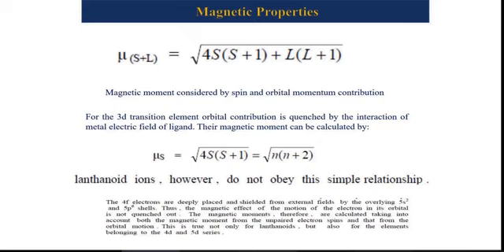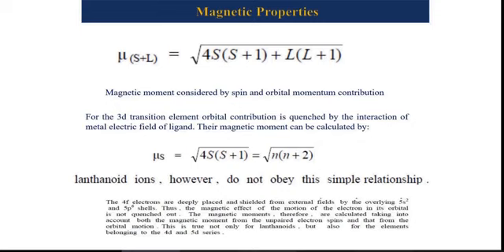If someone asks why we calculate the magnetic moment in transition elements with the formula root of n(n+2), whereas in f block we apply this formula, the answer is that in lanthanides, LS coupling is far greater than crystal field coupling. I will also discuss why it is so. Let us come one by one.